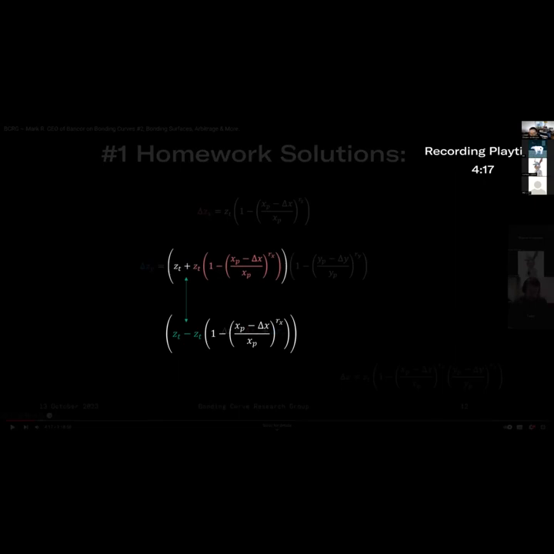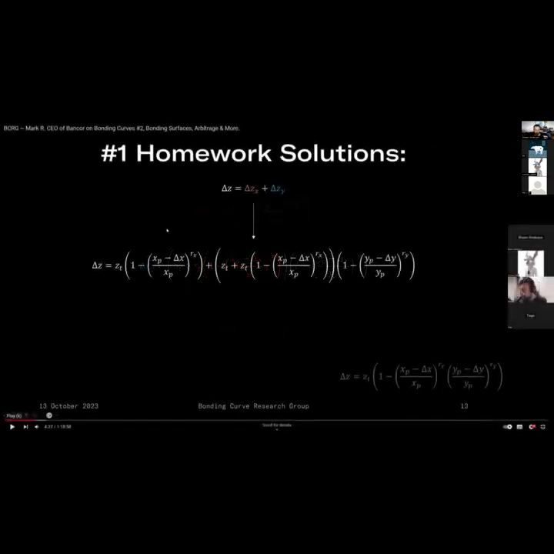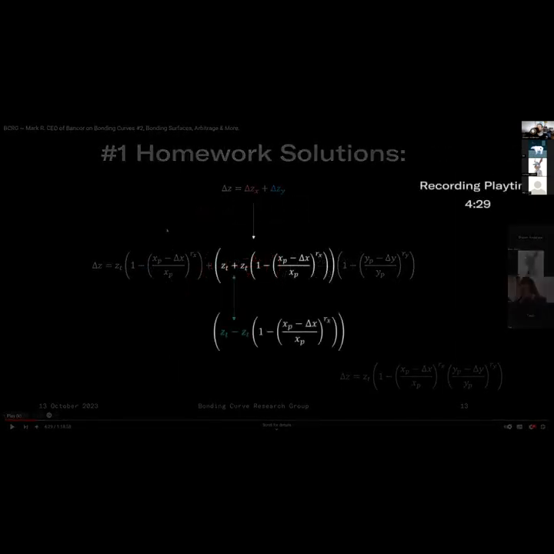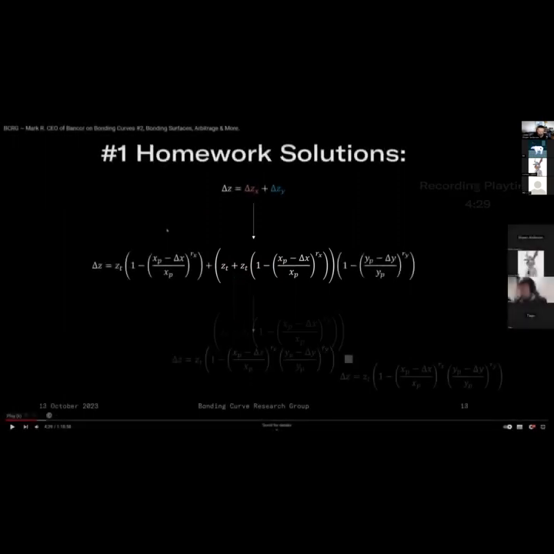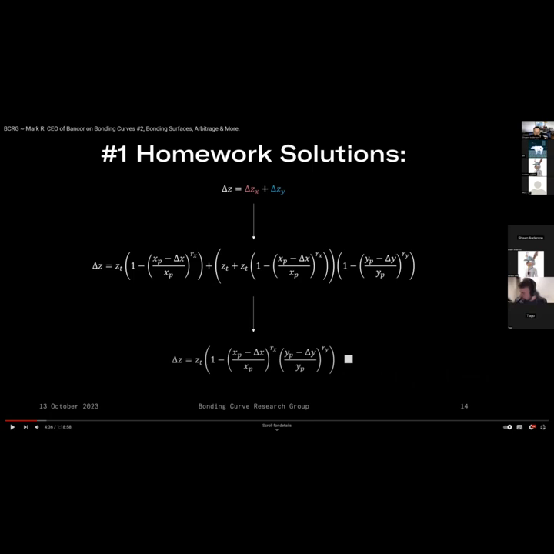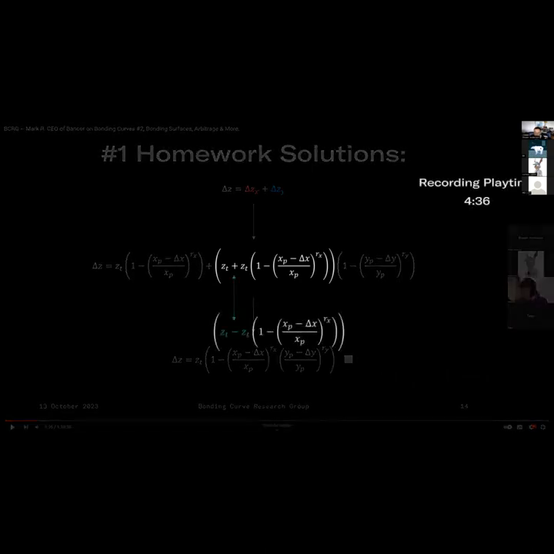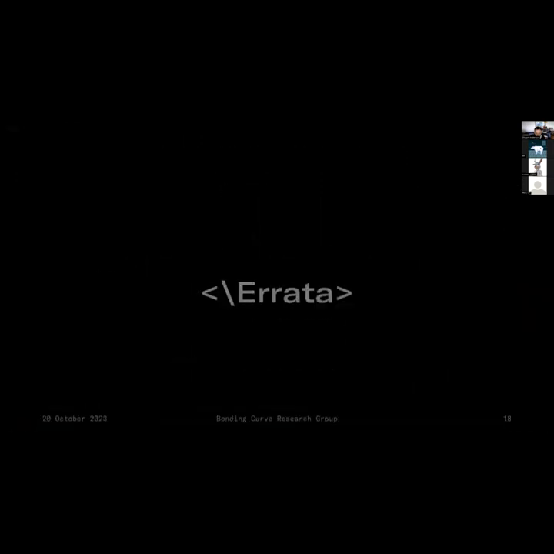I'm listing out exactly where those sign inversions occurred on the slides, and listing the recording play times in case anyone has been going through trying to perform some of this work themselves and ended up getting stuck. So that sign inversion was there, and that's basically the end of the mistakes. Let me know if there are any others, as I am fallible, and I would be very happy to address these things as they come up.